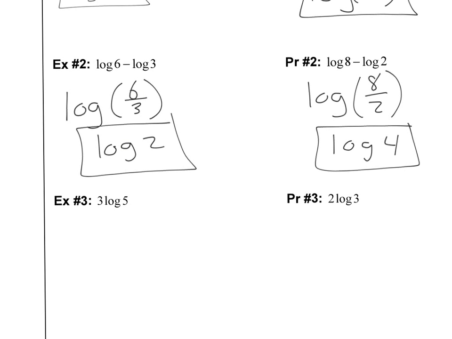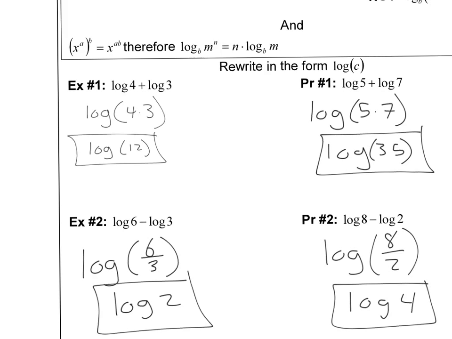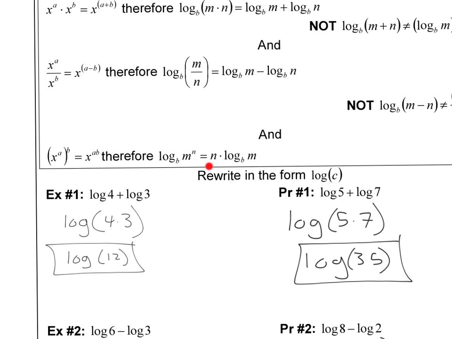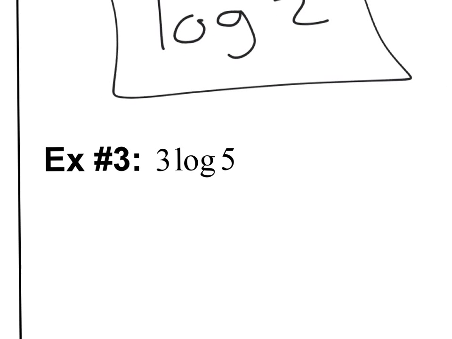All right, these last ones have to do with what happens when we have a number out in front. Well, remember the rule. It says if we have some value out in front, that's the same thing as writing that value as an exponent of whatever's inside my log. So let's take a look here. I have a log, it's still just a common log. And this number out in front is a 3, so I should be able to take this 3 and move it over here.